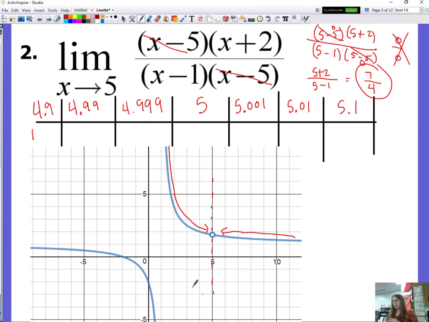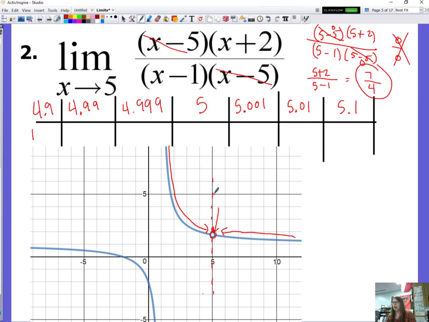So this is the value that we're looking for. Even though there's no point there, there's a hole there, it doesn't matter. It's what is happening as you get infinitely close to that value. So originally, there's a hole because it's undefined, but just because there's a hole in the graph doesn't matter.